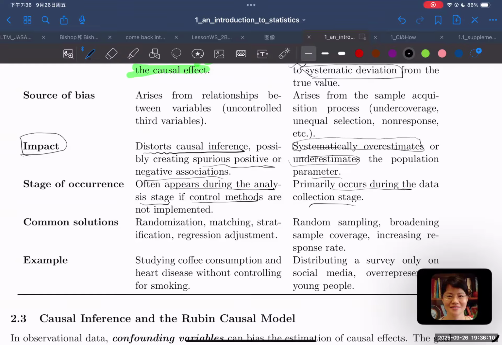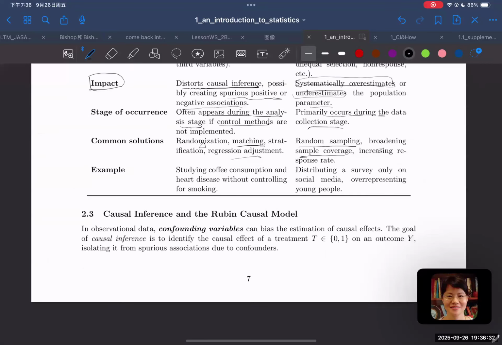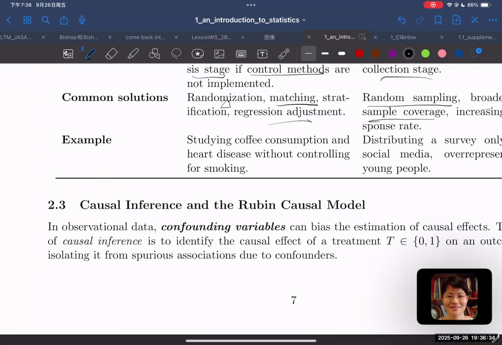The common solutions: for sampling bias, you consider random sampling or broadening the sample coverage. And for confounding, you try randomization, or use matching or stratification, or even regression adjustments. Next, we want to show you some causal inference, particularly the Looping causal model.